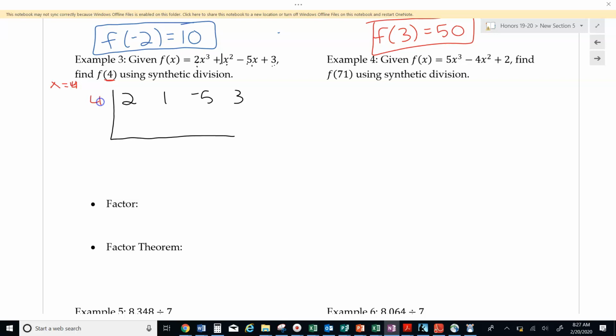So I have my 4 out here. Bring it down to 4 times 2 is 8. Bring it down 9. 9 times 4 is 36. Bring it down, that's 31. 4 times 31 is 120 plus 4, so 124. 4 times 3 is 12. 4 times 1 is 4. Yep. And then bring that down 127.